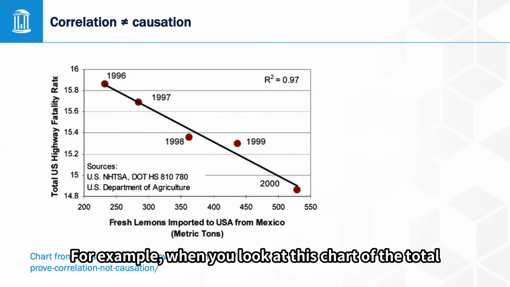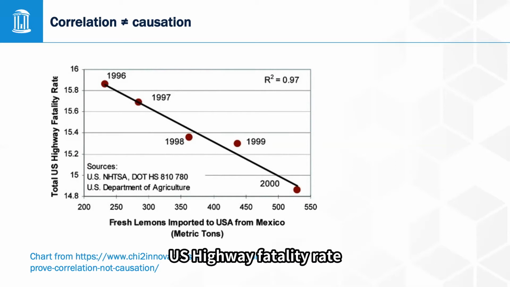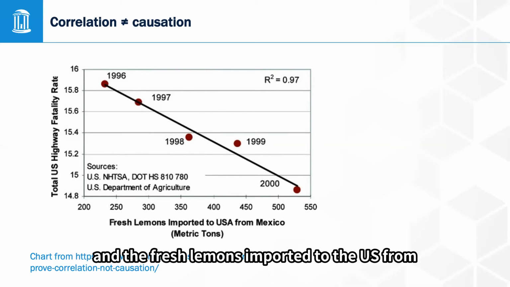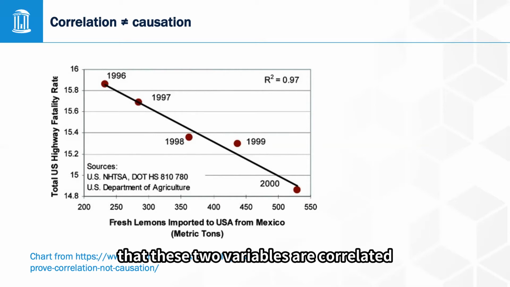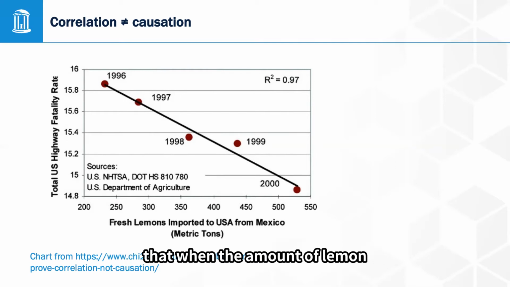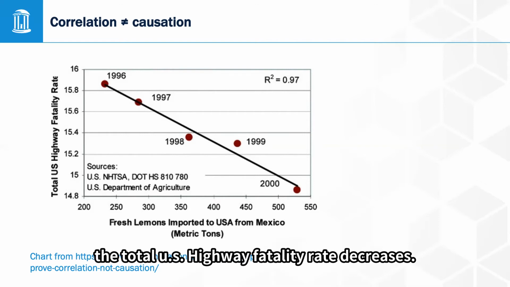For example, when you look at this chart of the total US highway fatality rate and the fresh lemons imported to the US from Mexico, you may see that these two variables are correlated: when the amount of lemon imported from Mexico increases, the total US highway fatality rate decreases.